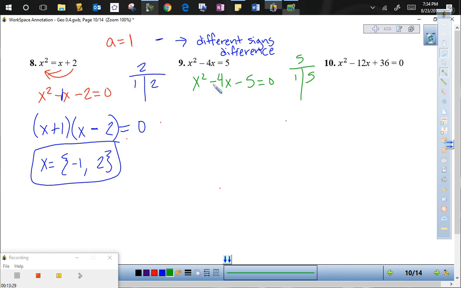So the negative goes with the 5, which means the 1 gets the positive. So my two groups equal to 0, and I've got x plus 1 and x minus 5. So then our solutions, opposite -1, opposite +5.